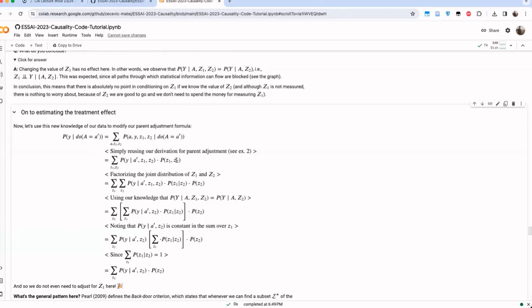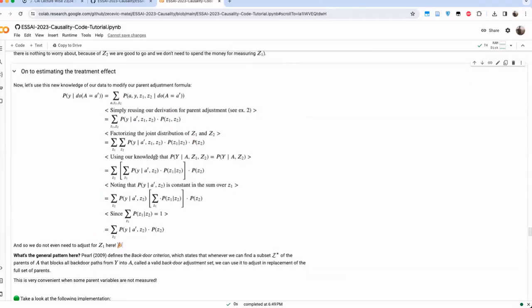So just that we have two of those now. Now we can factorize the joint distribution. So what we can rewrite is this joint into a conditional and then this marginal. Now we use the knowledge that they are independent, right? So as soon as we know Z2, what we get is then this quantity here.